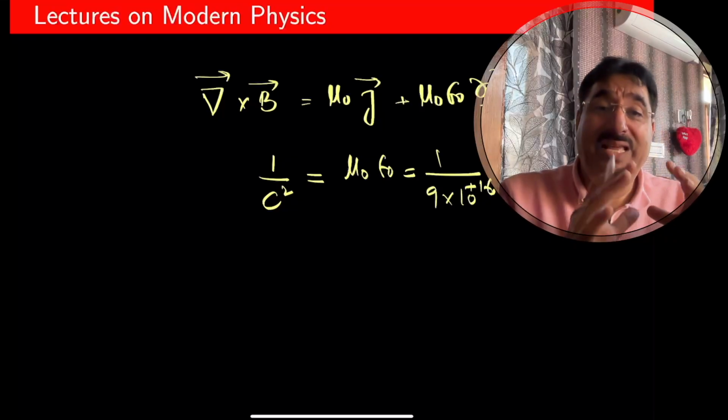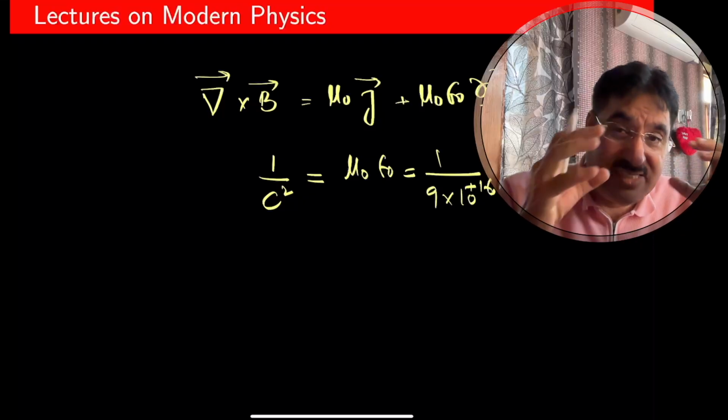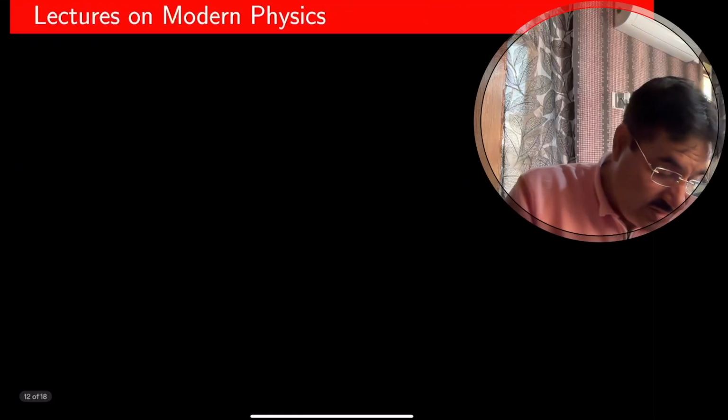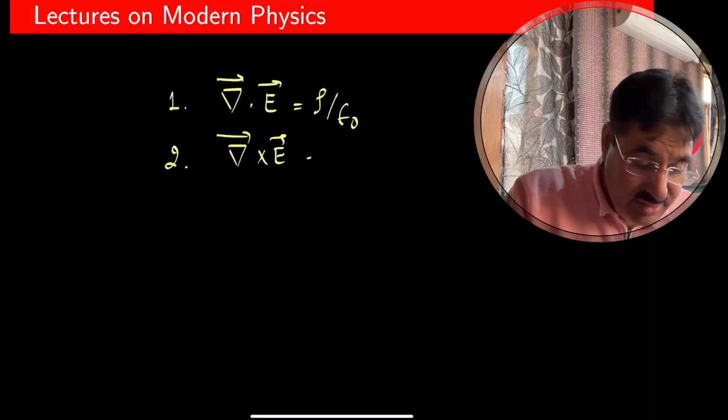And so now I rewrite these four equations directly and summarize today's lecture. So let's write down all the four equations now. For Maxwell's equations, the first equation is that divergence of electric field is charge density divided by epsilon naught. The second equation is curl of electric field is the rate at which the magnetic field changes.